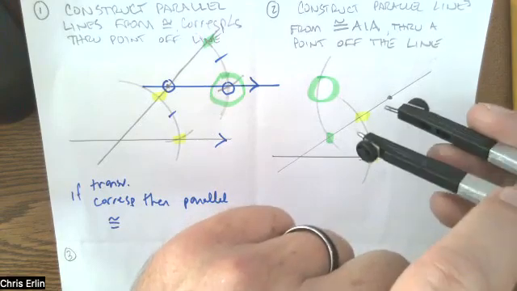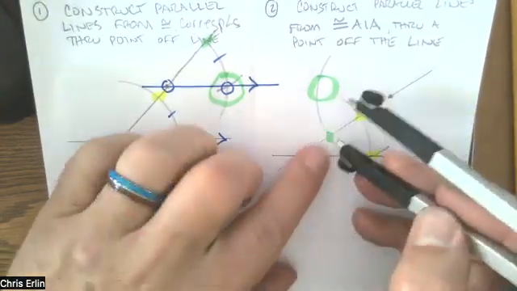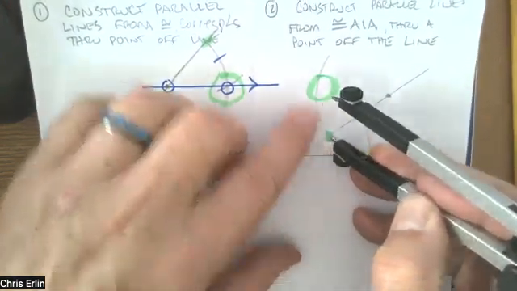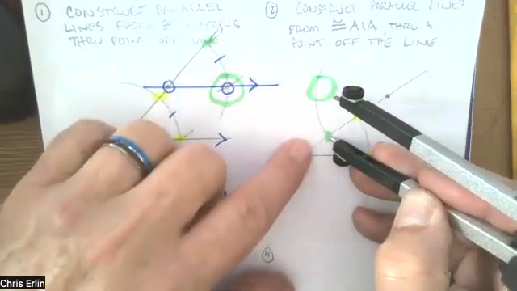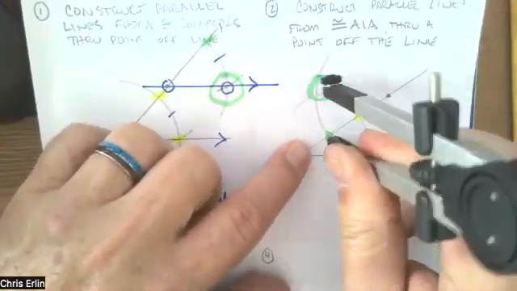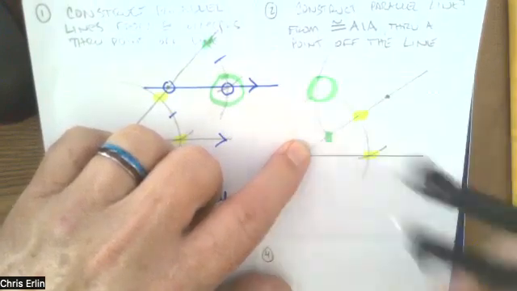And then I turn my compass over so that I can start at my point of intersection of the other reference arc with the transversal and show where that arc is going to hit up here.